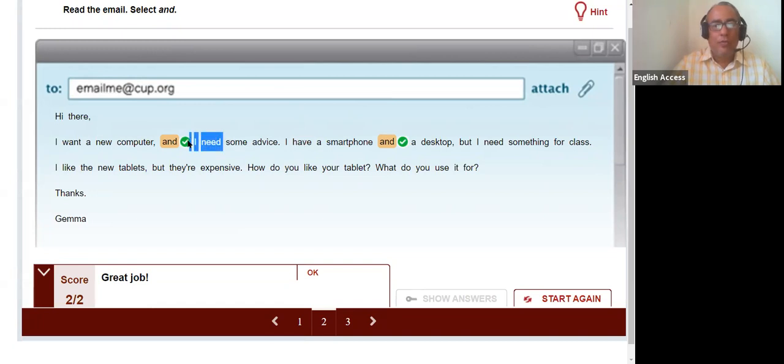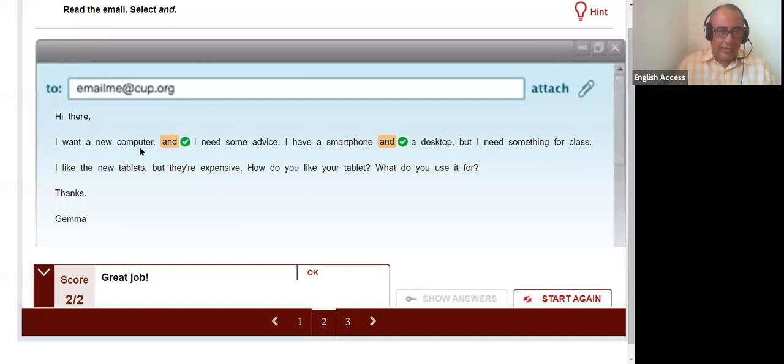Y ya no ocupamos el I need. Acá I have a smartphone hubiera sido dos oraciones: I have a smartphone, I have a desktop, pero como tenemos el mismo verbo have, I have a smartphone and a desktop. Y eso es lo que podemos ver aquí, Francisco, de cómo se usa la coma y and.